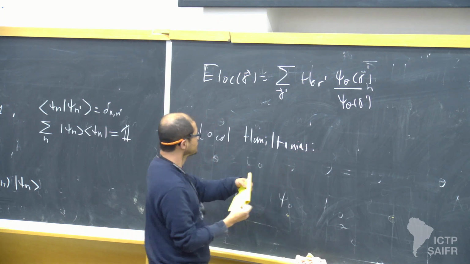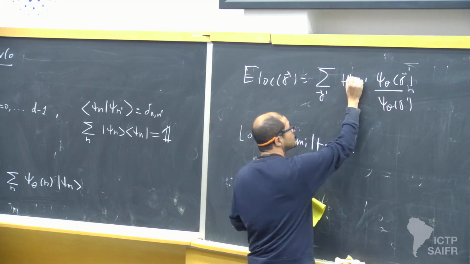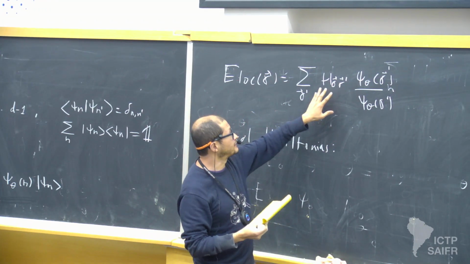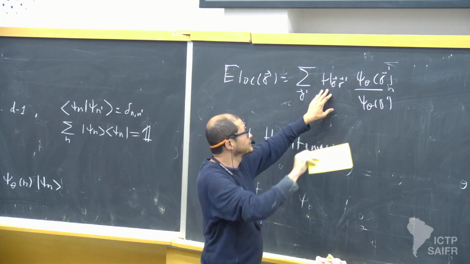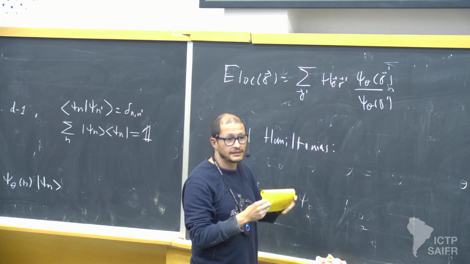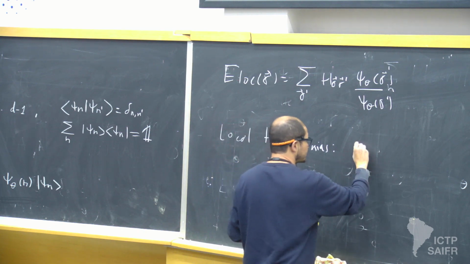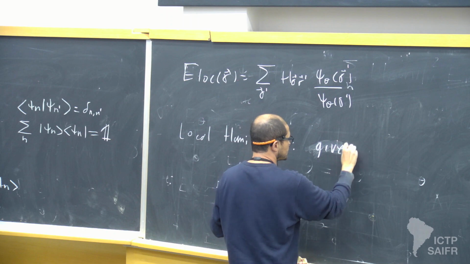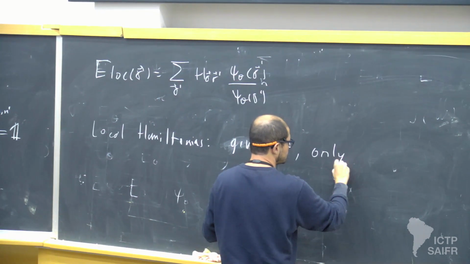We'll restrict to Hamiltonians for which, given a configuration sigma, there's only a polynomial number of rows in the Hamiltonian for which this matrix element is non-zero, okay?